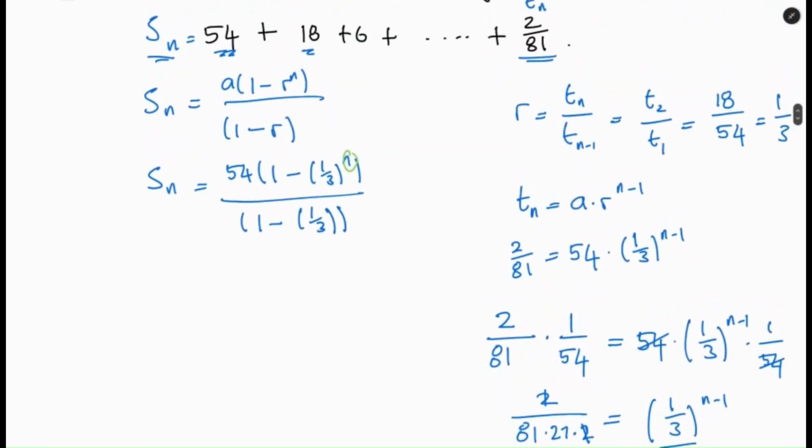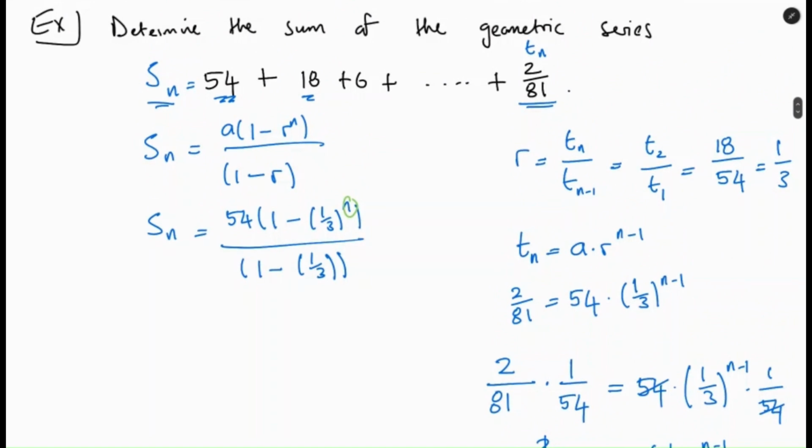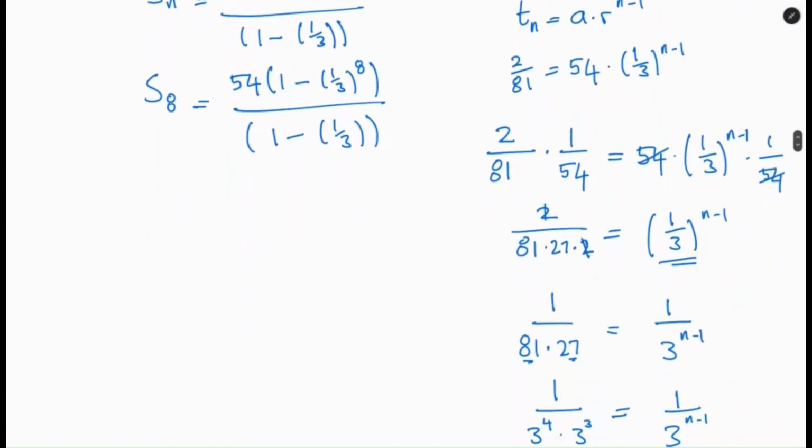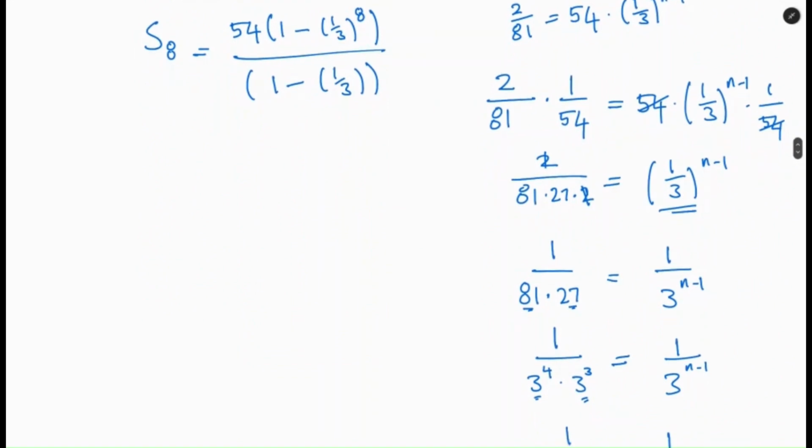Coming back to the question, we now know n is 8, so S8 is equal to 54 times 1 minus 1 over 3 to the power of 8, over 1 minus 1 over 3. Okay, so there's our answer, but as a habit, we should always try and simplify as much as we can. So I'm going to do that.